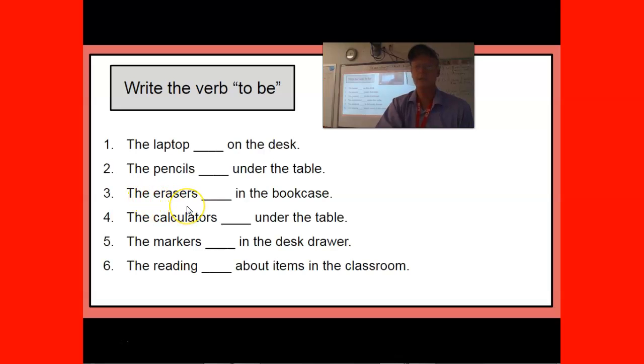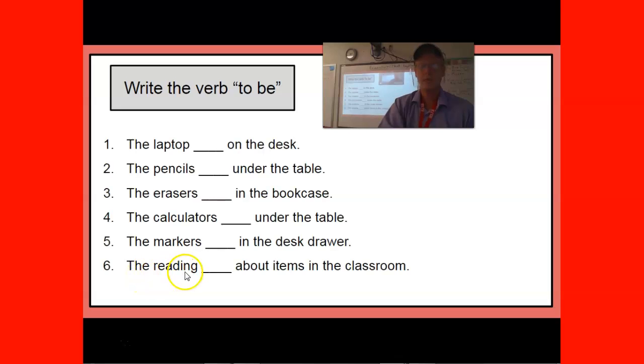Good, the erasers are in the bookcase. Again, it's plural. 4? Good, it's are again because we have a plural. The calculators are under the table. 5? Good, the markers are in the desk drawer. 6?